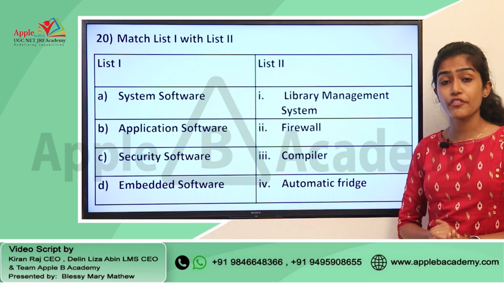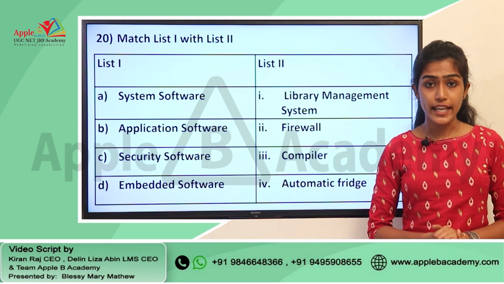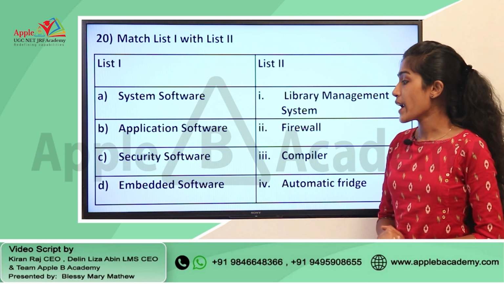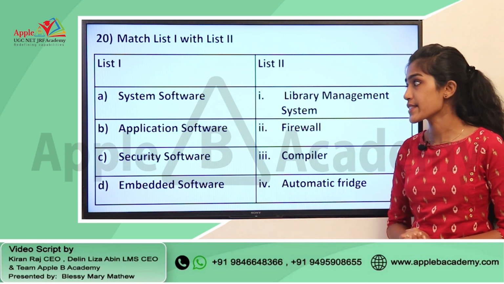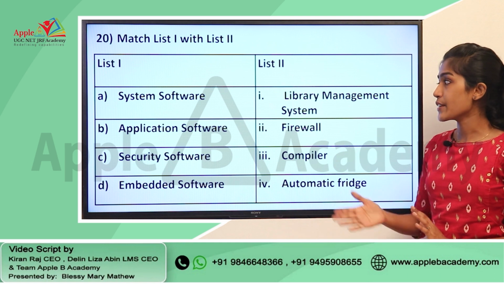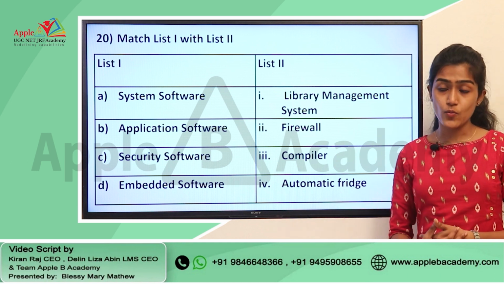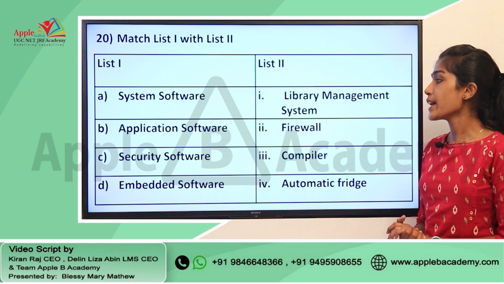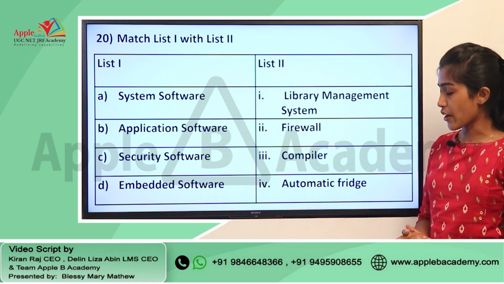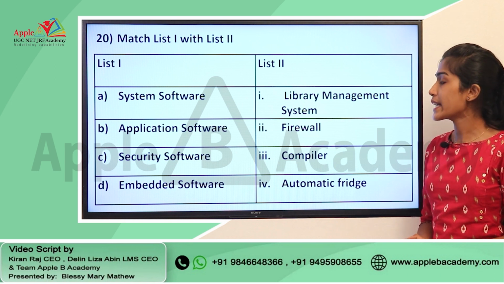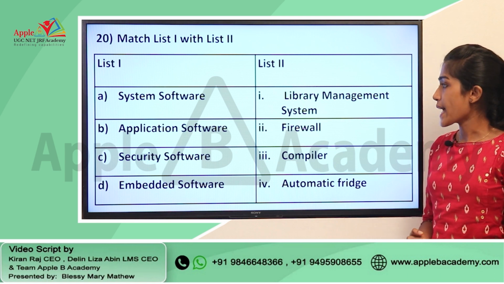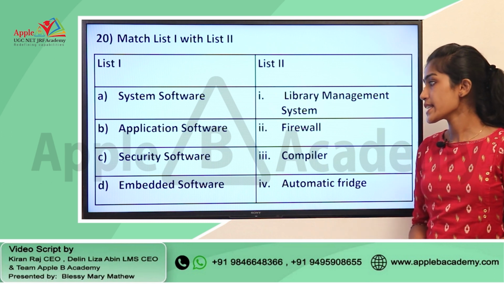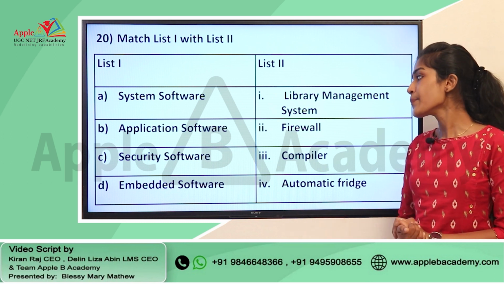The next question is from Information and Communication Technology, ICT. This is a match the following question. In list 1 we have various software given, and in list 2 we have various examples. We have to match list 1 with list 2. We have system software, application software, security software and embedded software, and in list 2 we have library management system, firewall, compiler, automatic flight control.